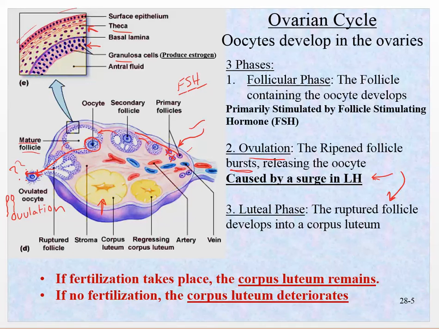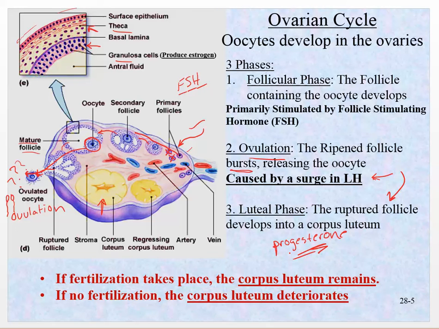After the oocyte is released, this follicle turns into the corpus luteum. That's why it's called luteinizing hormone, because it causes ovulation, but it also causes this follicle to turn into the corpus luteum. The corpus luteum is going to produce a whole lot of progesterone. So the corpus luteum is making a lot of progesterone.